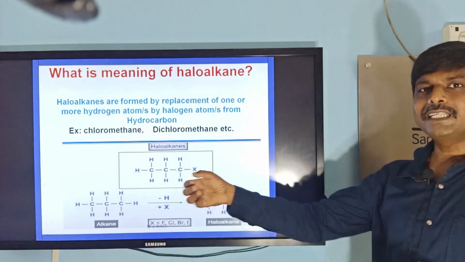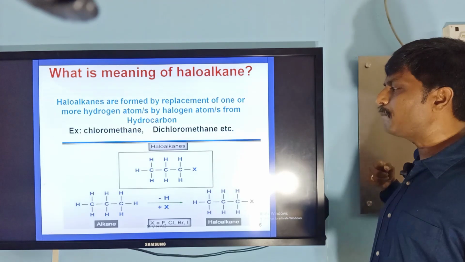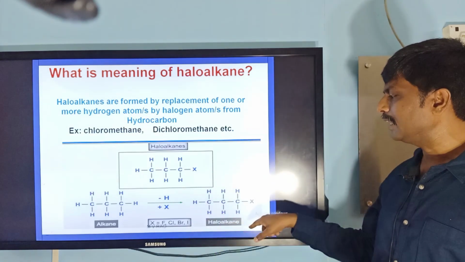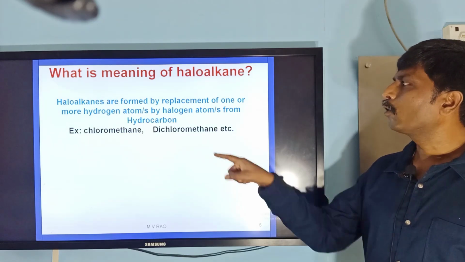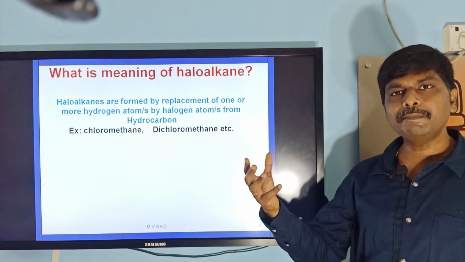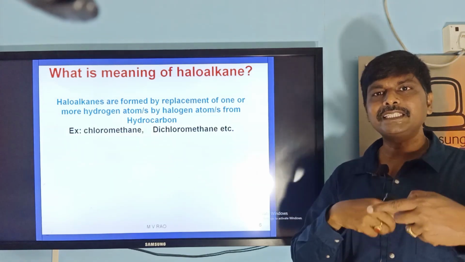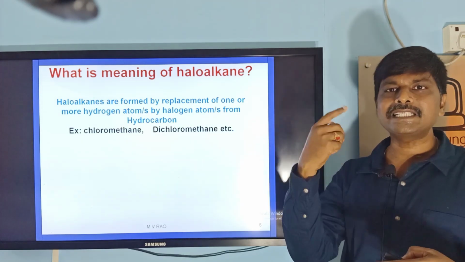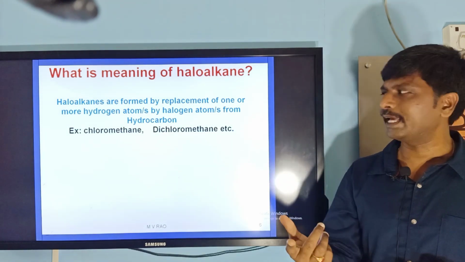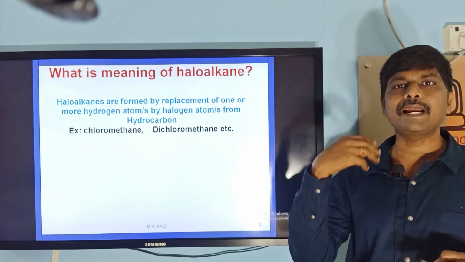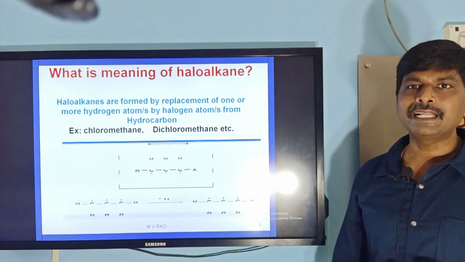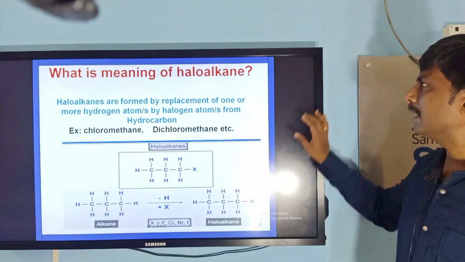From propane, H is removed and replaced by X, then you will get haloalkane. What is the example for haloalkane? Chloromethane. Chloromethane means from methane, you replace one H and add Cl, then it is called chloromethane. In dichloromethane, 2 hydrogen atoms are replaced by 2 chlorine atoms.